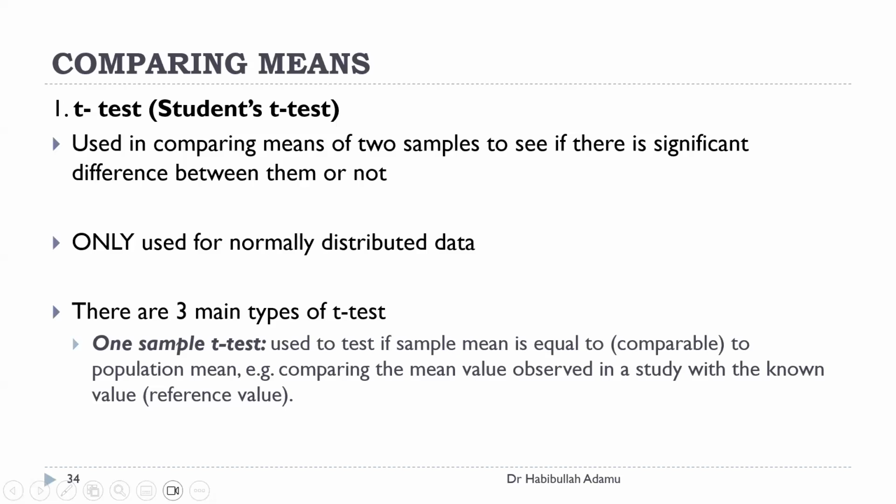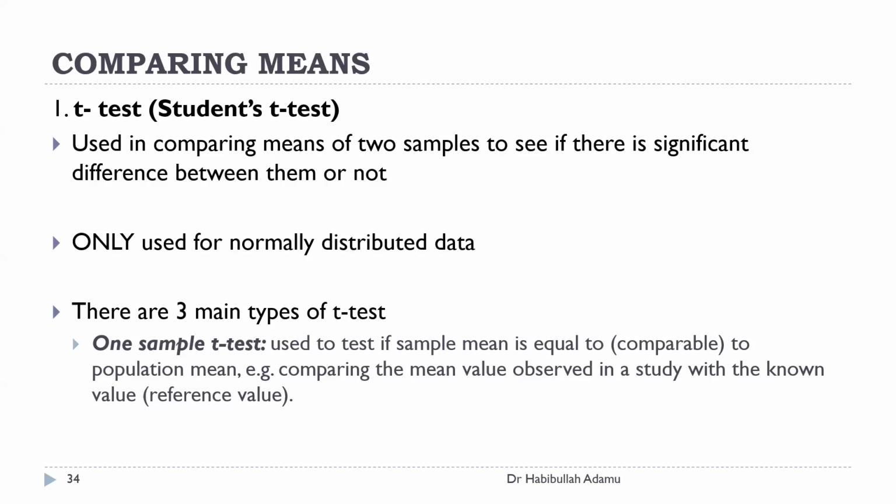So we said single sample t-test: when you have a sample mean and a population mean and you want to compare them, you use the single sample t-test. It is not among the ones commonly encountered, but sometimes you may need to use it. For example, to know whether a certain sample is chosen from a particular population. If you know the population mean, you can just compare the sample mean with it.